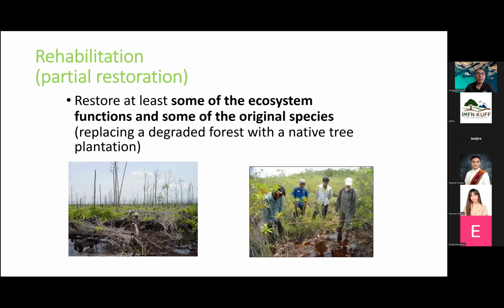Okay. And second one is the rehabilitation. So rehabilitation, if you see the graph, this is the partial restoration. So it means that we can restore some function or some component of the original ecosystem.